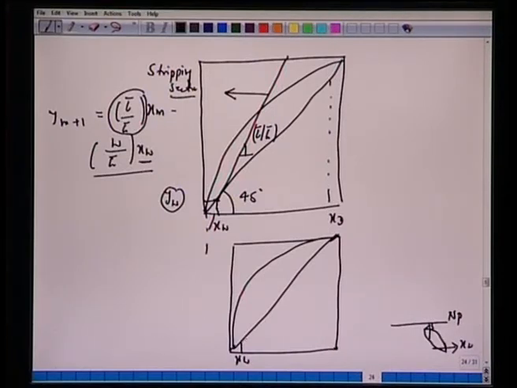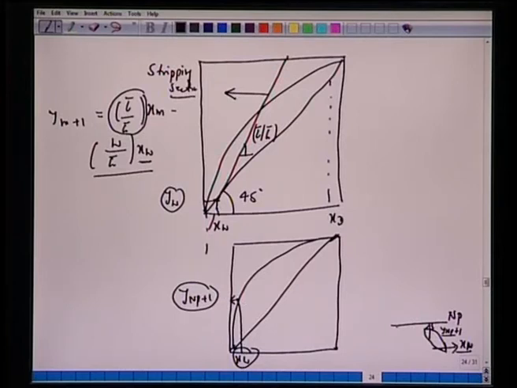So if we extend this line, the first coordinate which we will get is y NP plus 1. Two streams are in equilibrium, y NP plus 1 and xw. So we have marked this point here.